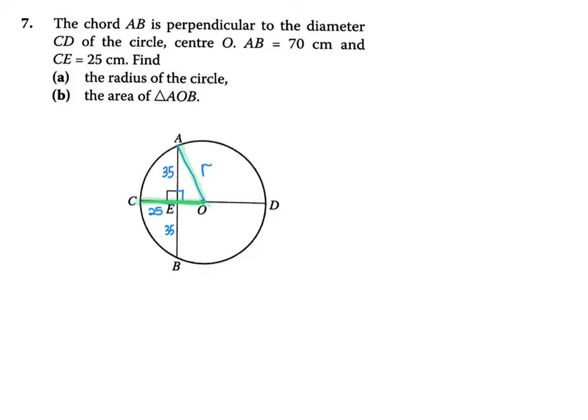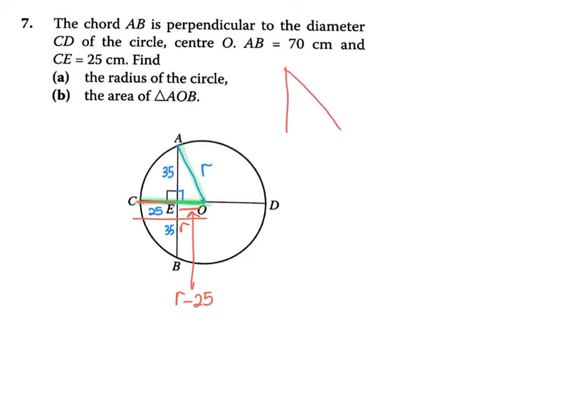If CO is the radius, then what is O to E? If CO is the radius R, CE is 25, so O to E will be R minus 25. Let us make a quick sketch of this triangle.